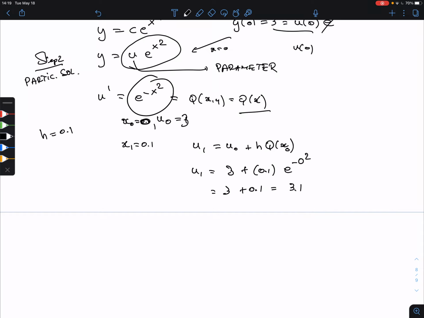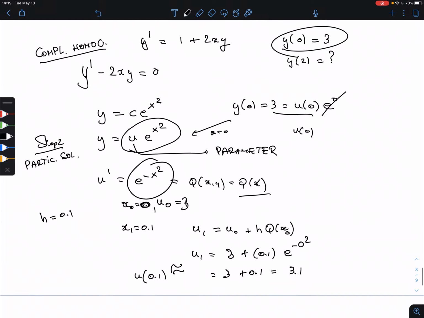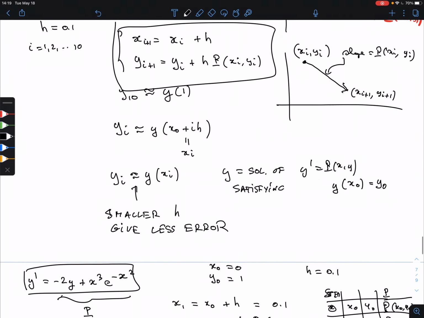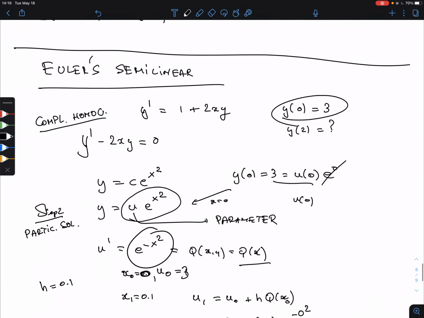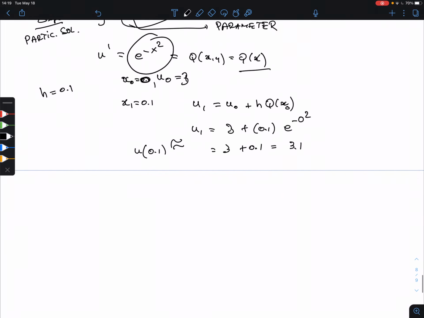Now, be careful. What is this? This is supposedly almost the same as u of 0.1. So I repeat, what this thing does is it calculates the approximate value of your solution after the first step. So this is approximately equal to that.